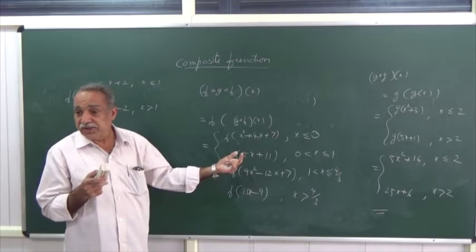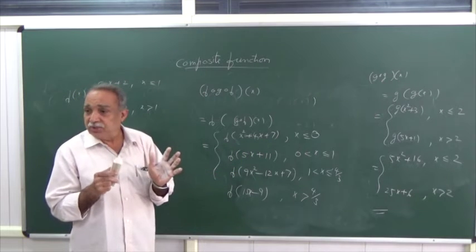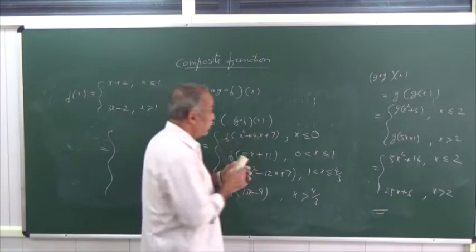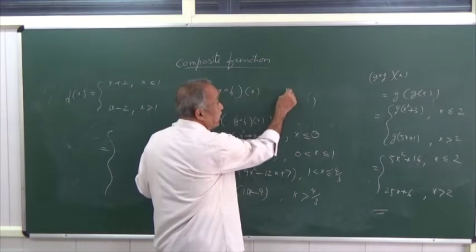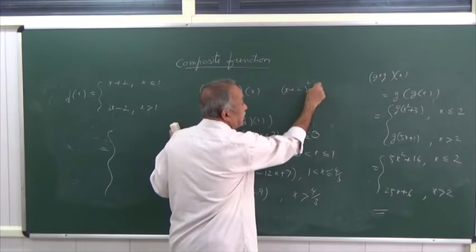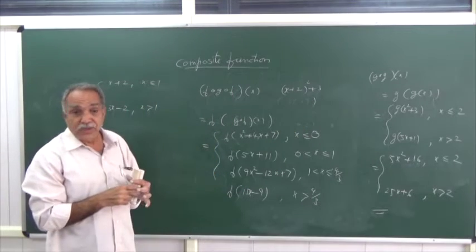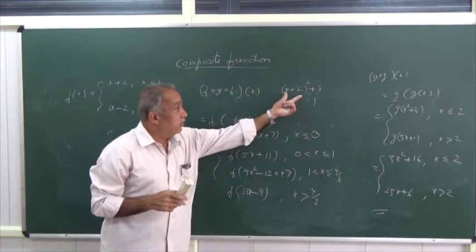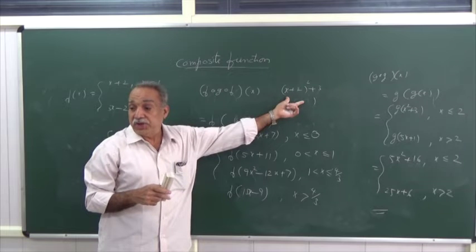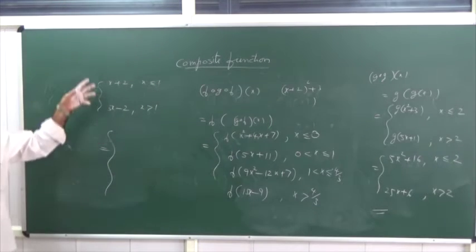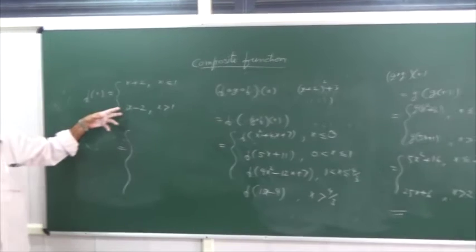Either you consider the graph or apply one algebraic method, the method of completing squares. Suppose you apply the completing squares method, x squared plus 4x is x plus 2 whole squared minus 1 plus 4, that is, plus 3. Agreed. This means the function value is always greater than or equal to 3. When the function value is greater than or equal to 3, is a common formula applicable?